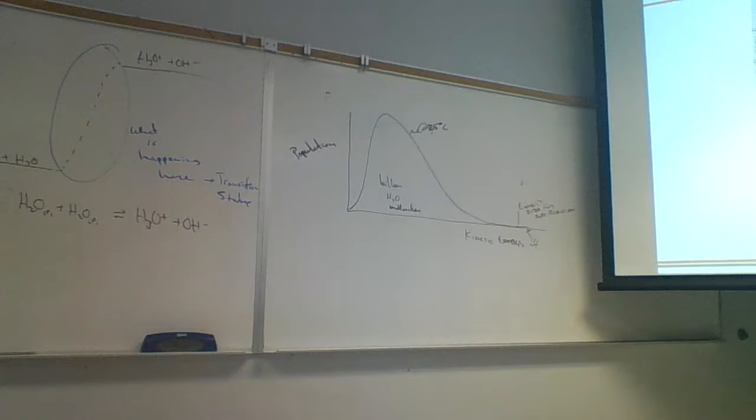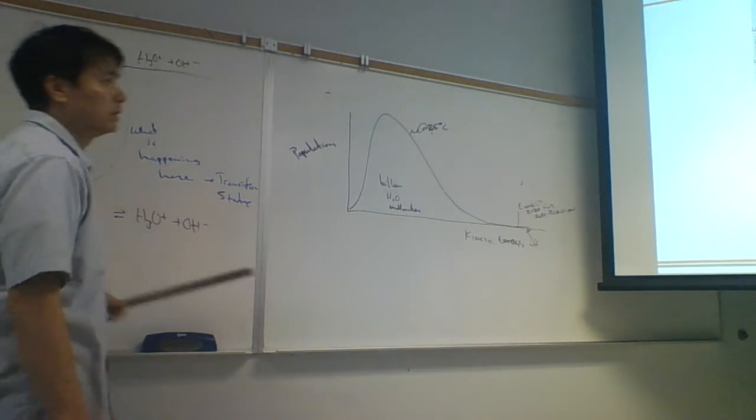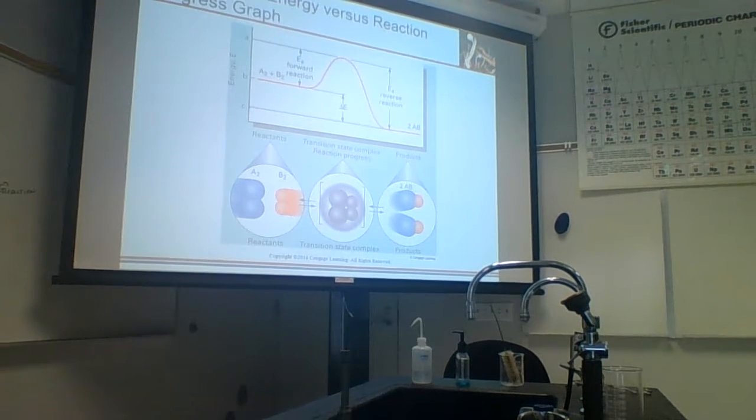Well, let's take a look at this figure here first. If you look at this figure here, what would you call this figure? Name this. Is there a title for this figure?